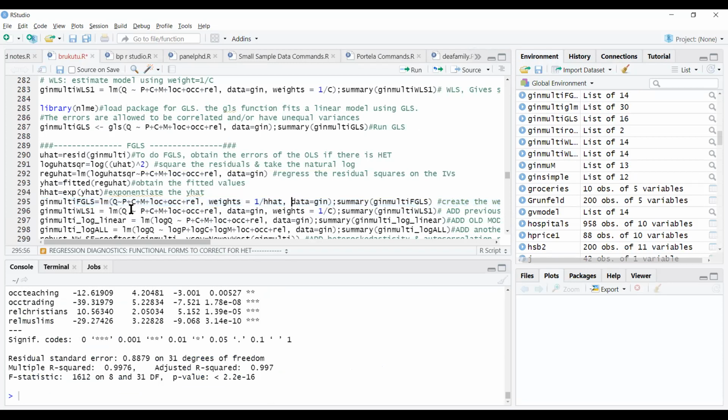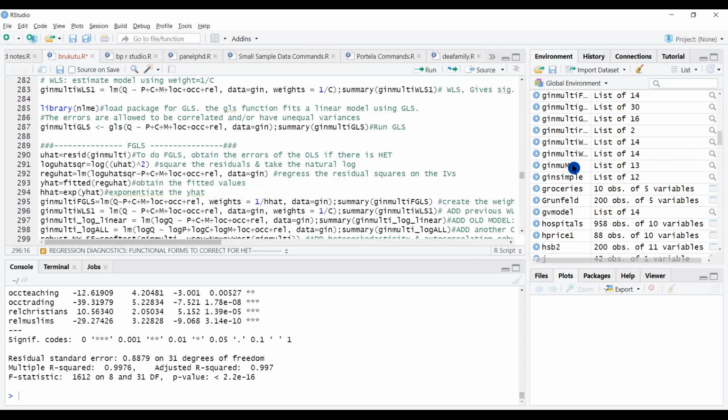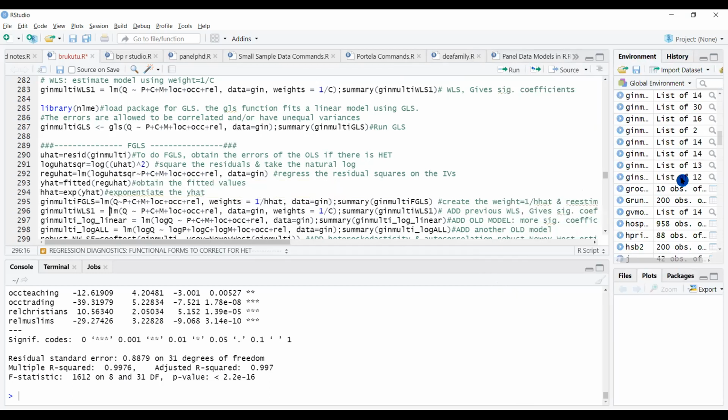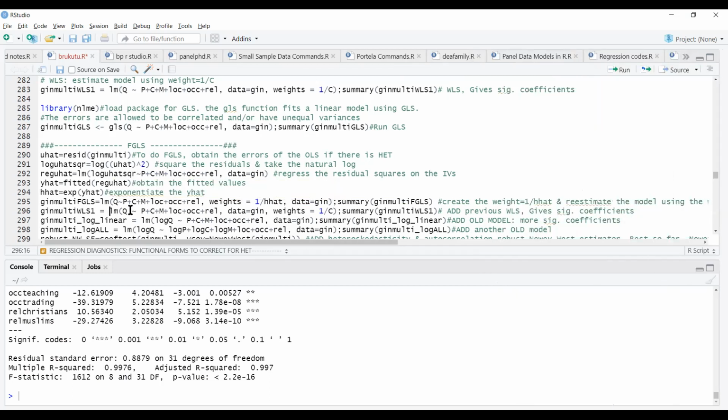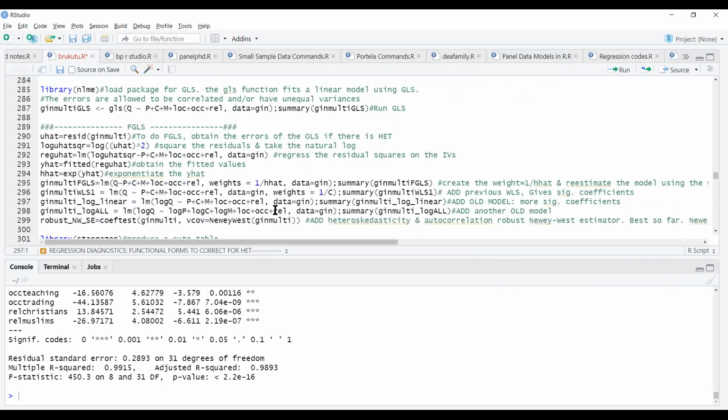Now I'm going to add some other previous commands to this, because I'm going to show you everything in a stargazer so that you see the beauty of it. The one that I did before is the WLS one. You remember the one with the C? I'm adding that to it. Then our previous log-linear model, that one was also very good.